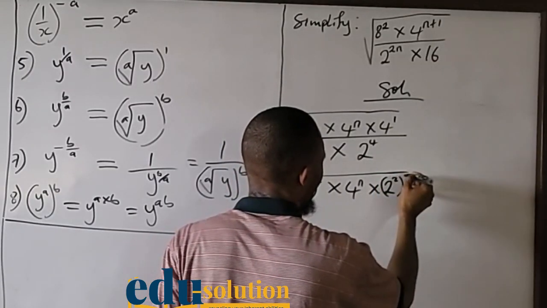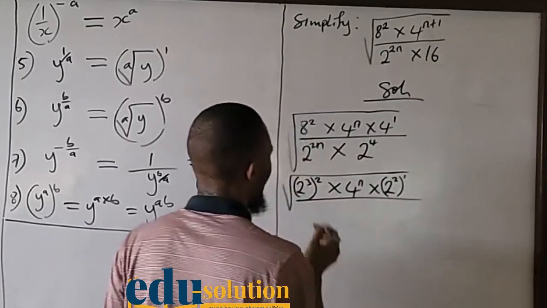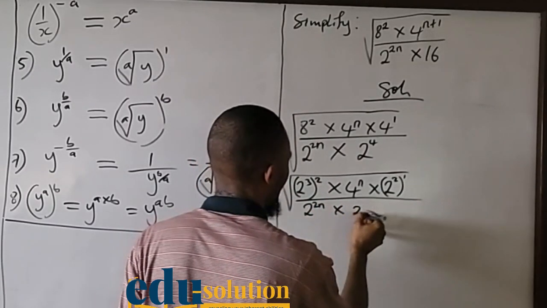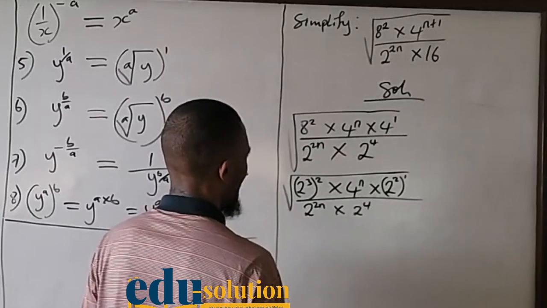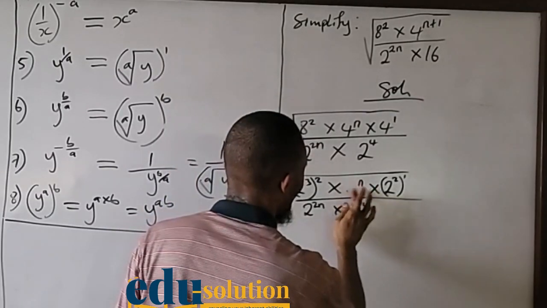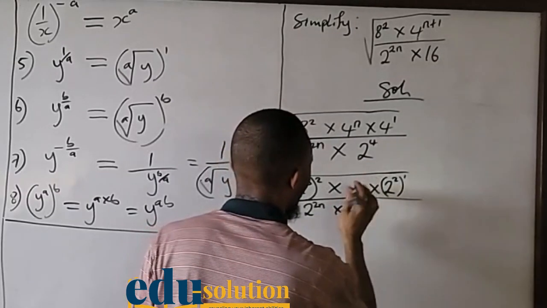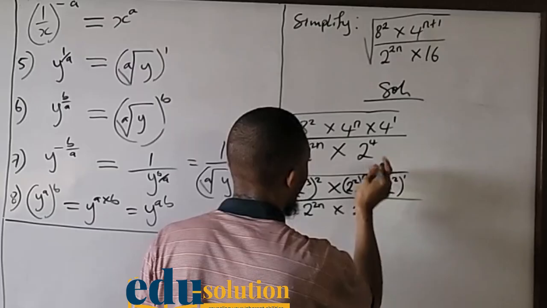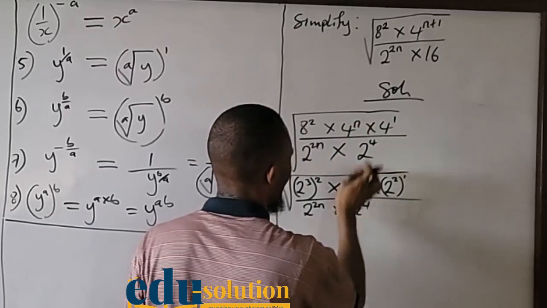Then I have 2 raised to the power of 2n times 2 raised to the power of 4. Let me change this also: we have 2 raised to the power of 2, and then we have our n.